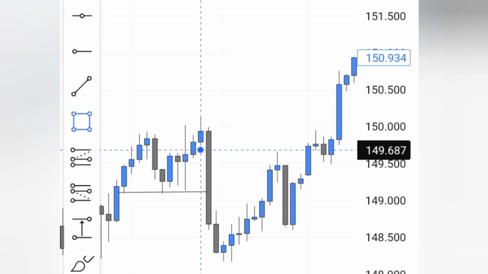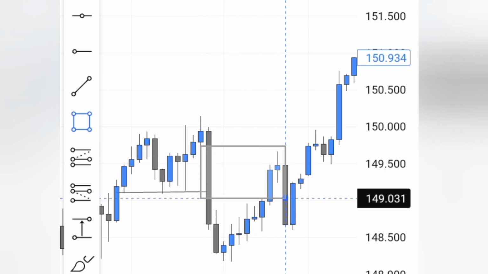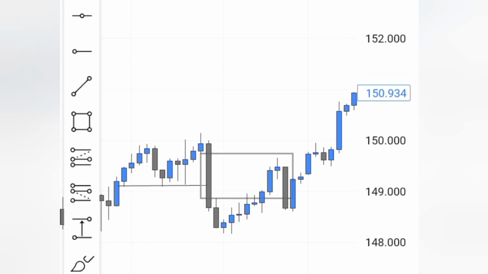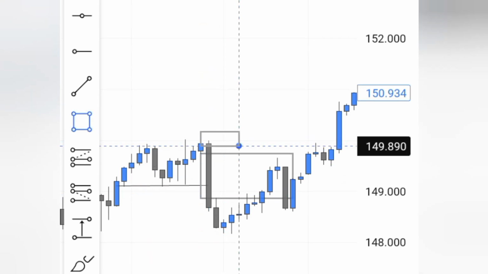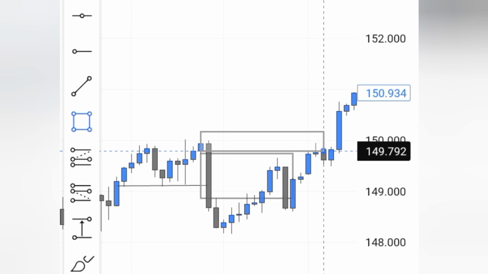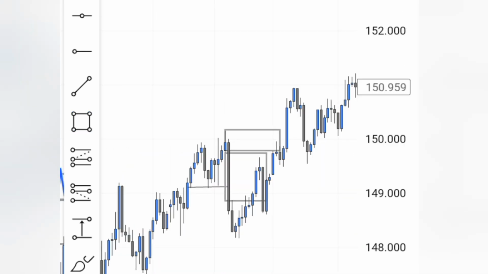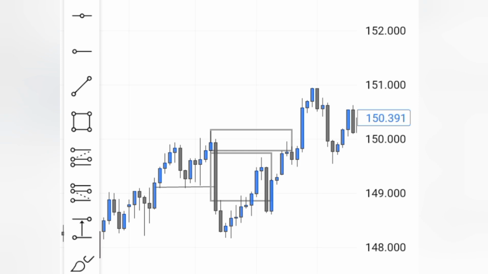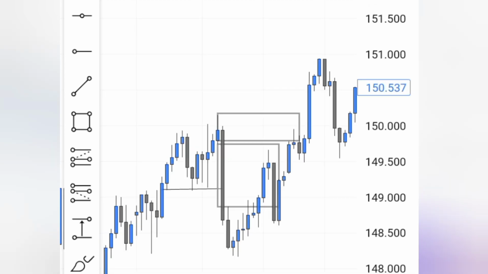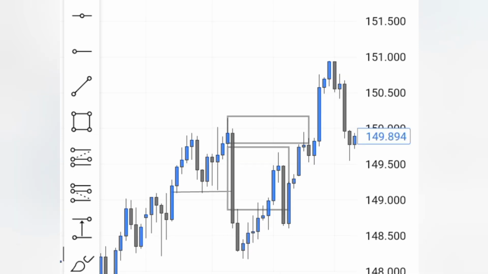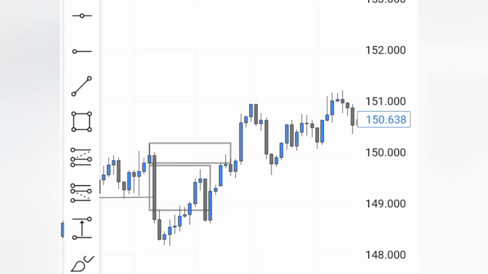This is a fair value gap the market left, and this was an order block the market left right here. So now when you go to your lower time frame, you see that this zone was retested perfectly. It reacted from the fair value gap, guys.